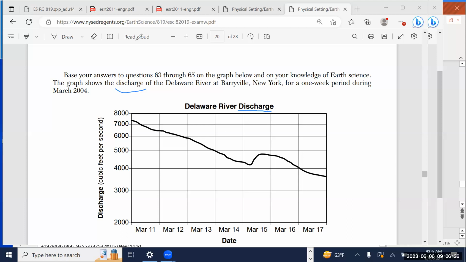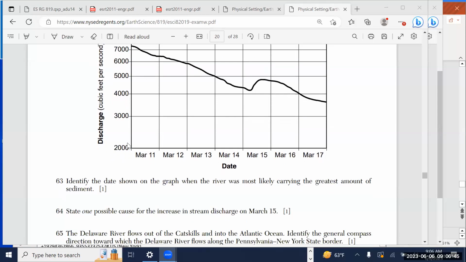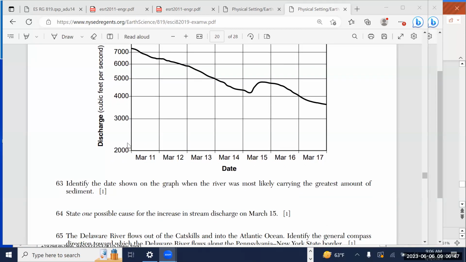So when we see that there's a higher discharge, that means that there's even more water that is passing through a particular area, right? More water that could be passing through a river or a stream or on a given area.